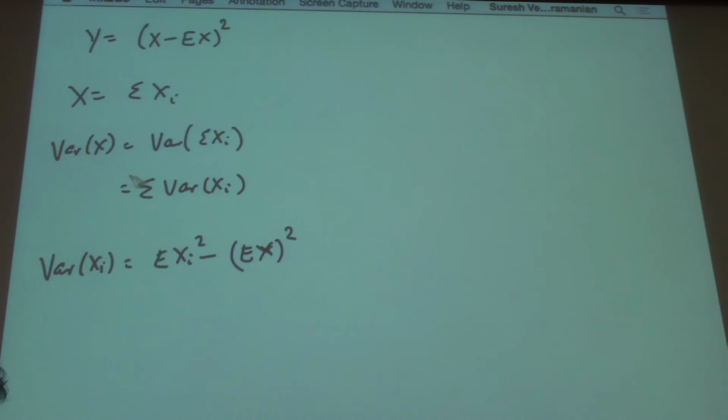So E of Xi squared is equal to half. What is E of X whole squared? We just said the expected value of X is half. So square that is 1/4. So the variance is 1/4. Therefore, the variance of X is equal to n over 4, because it's a sum. Sigma squared.